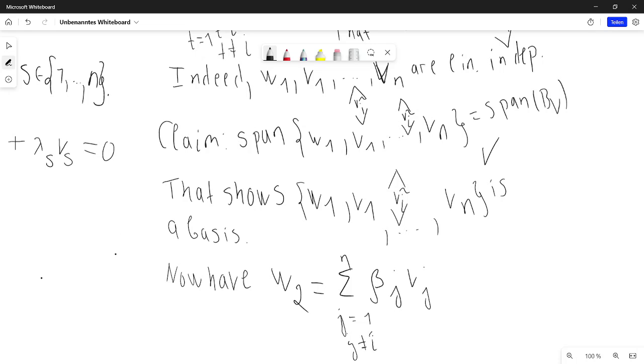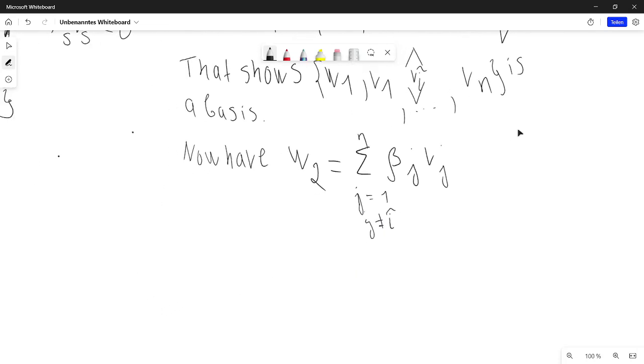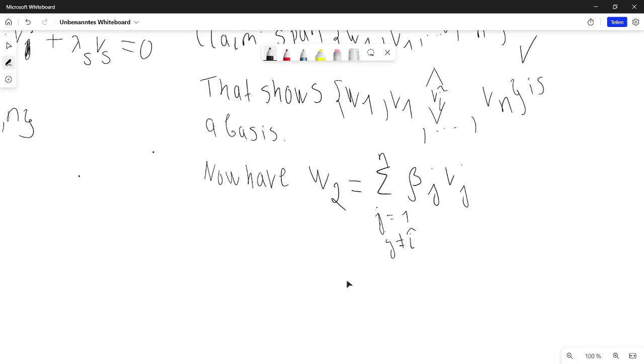Not equal 0. Plus, of course, what we have omitted. Let's call it just Vi just for fun, Vi, W1, right?